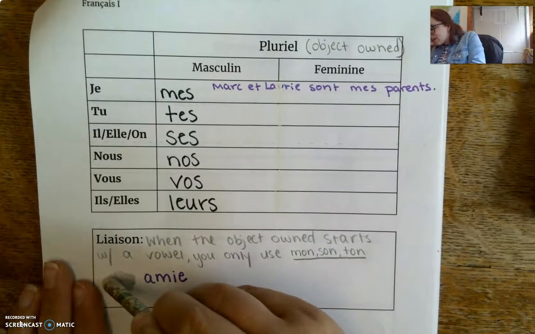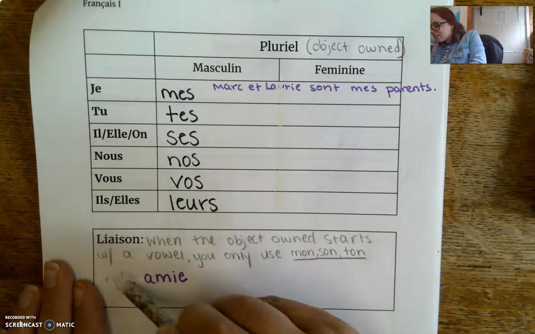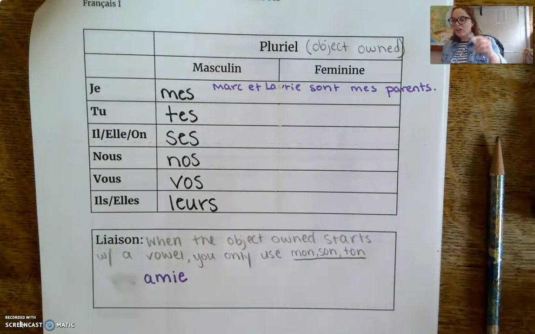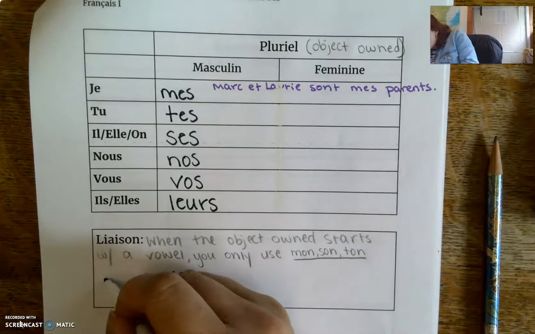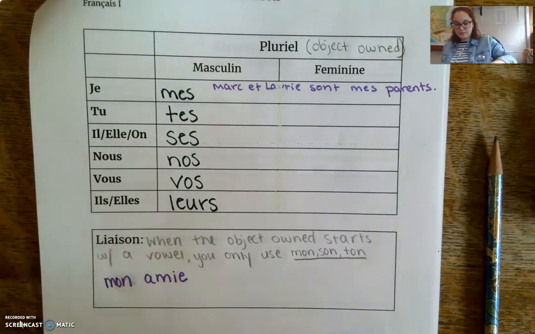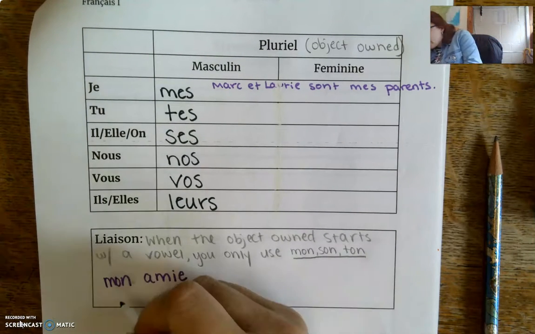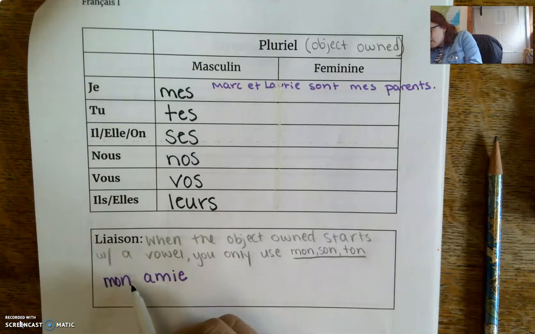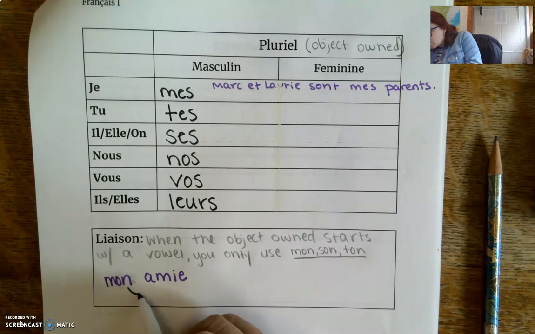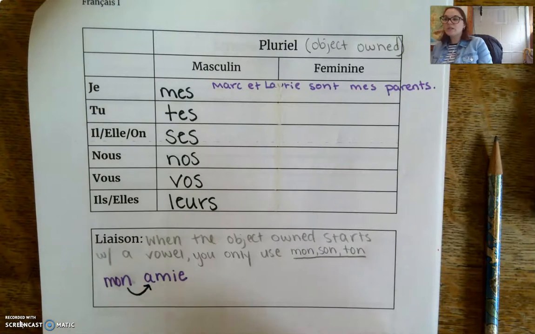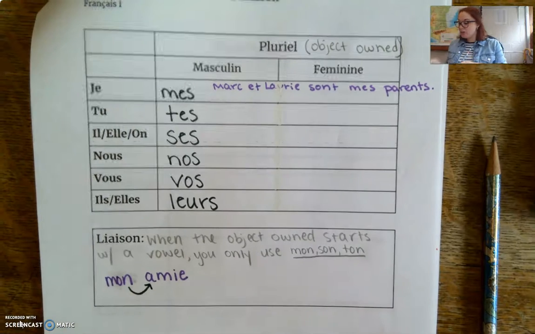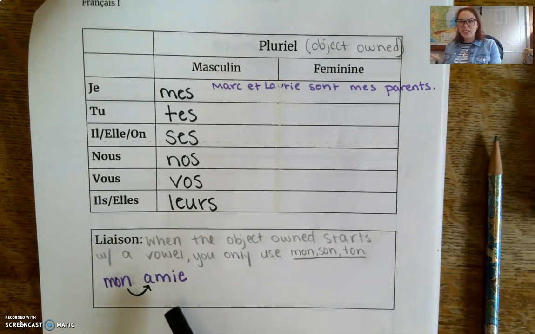Oh, and this leaves a really ugly eraser mark. Yikes. That's okay. We'll cover it up with marker. So it's going to be mon ami. And what the liaison does, we've seen this before, where that last consonant that's silent in mon travels over to start the word ami. So it's not mon ami, because that's still got the hiccuping.